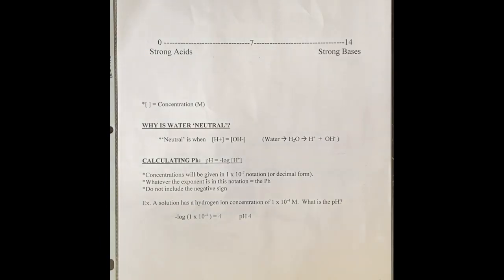All right. So with the pH scale, what do we have going on here? First off, we have pH, and we have to think about what that stands for. pH stands for potential hydrogen. Hydrogen should sound familiar because we've been talking about hydrogen a lot with the Arrhenius theory and also with the Bronsted-Lowry theory.